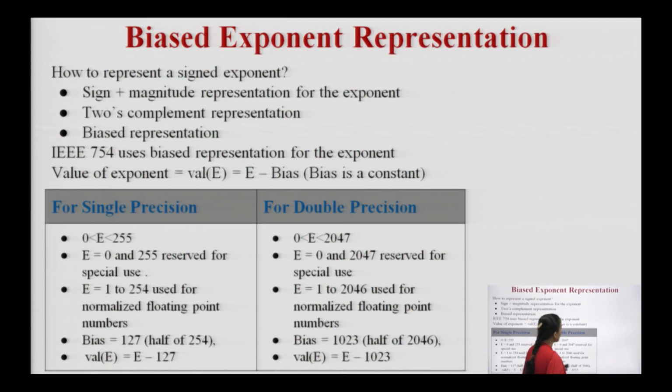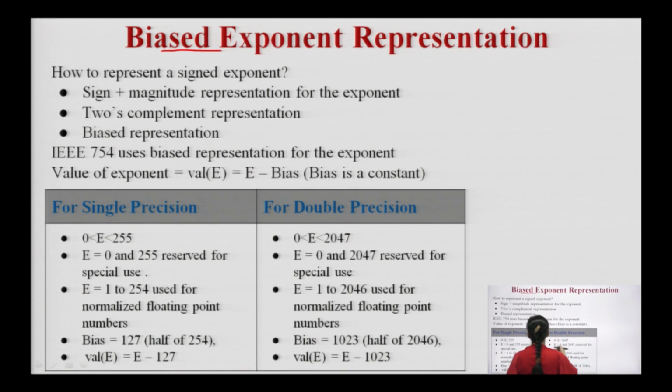Then what was this bias? How is it calculated? This bias is to represent the signed exponent. Actually, we are not reserving any bit to represent a positive exponent or a negative exponent.